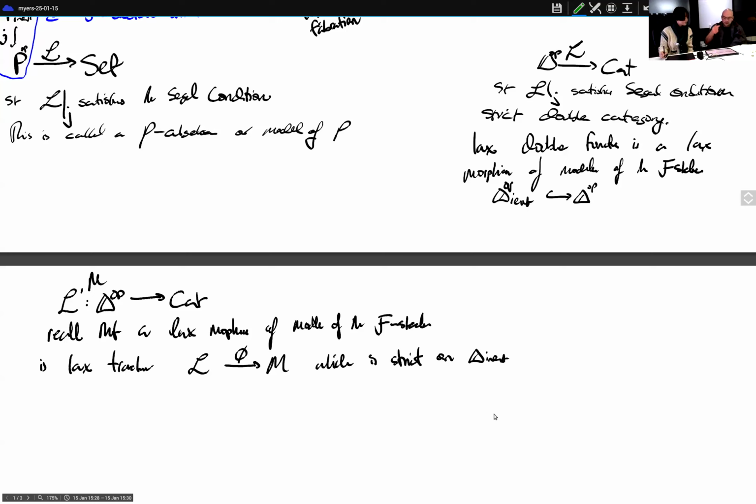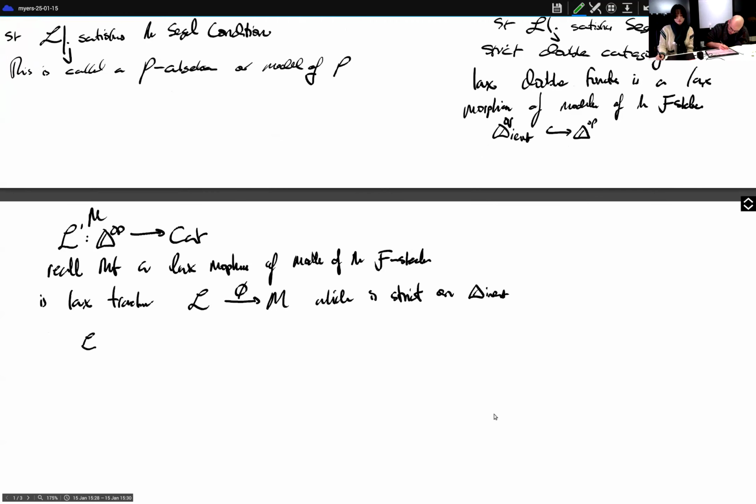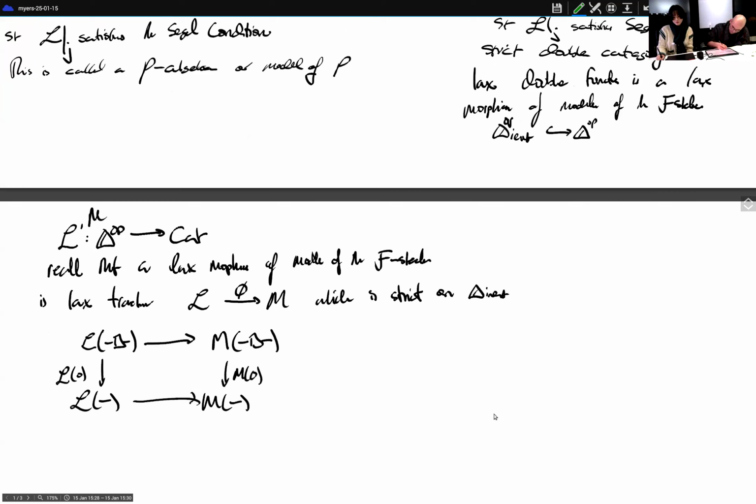And so let's think about what that is. I have, for example, L, this thing, M, this thing, and I have L wire, M wire. And here I have, say, L of 0, the left leg, and then this is M of 0. And here I have phi.